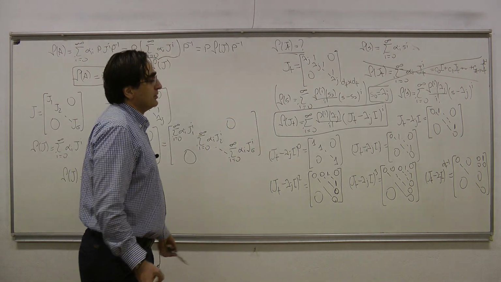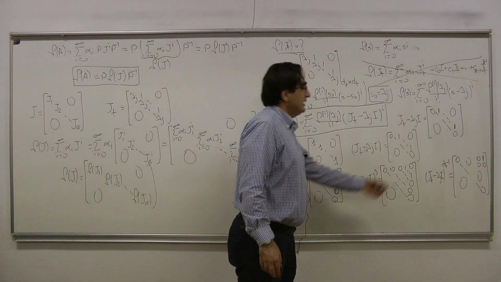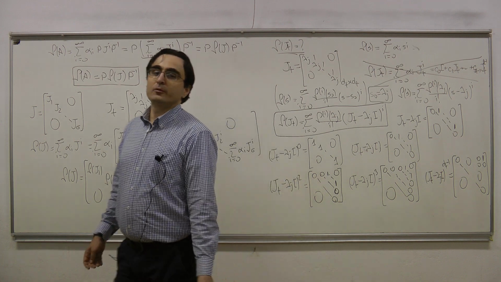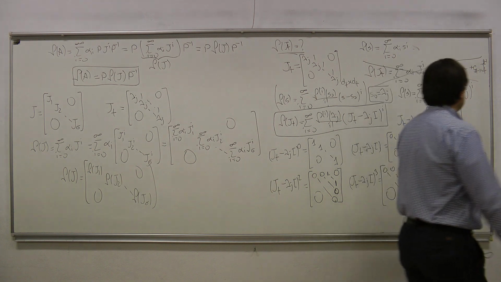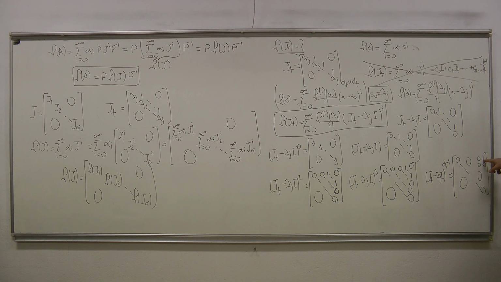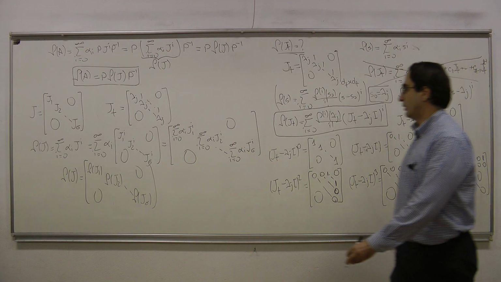What is going to happen when I increase the power even more? What is going to be the d_t-th power of this matrix? You know that then even this one is going to disappear, and the matrix is going to be 0.